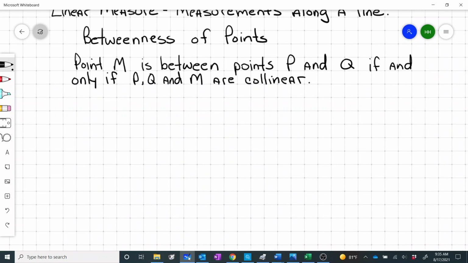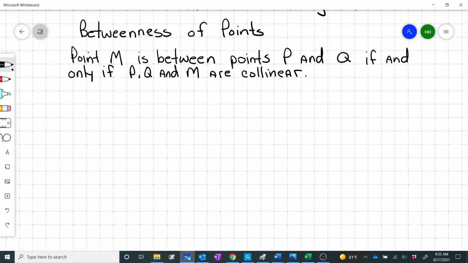So here's a picture of this concept, betweenness of points. We got a line segment here. It's got P, M, and Q on it. These 3 points, they're all on the same line, so they're called collinear.